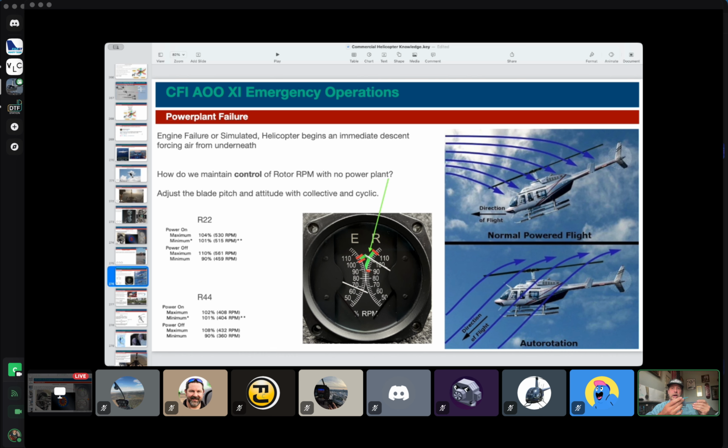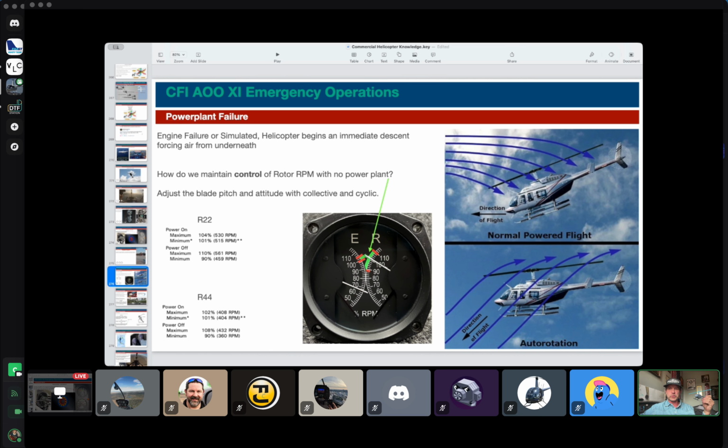Well, the air coming in from underneath the helicopter can be controlled. We can control the RPM by adjusting blade pitch and adjusting the attitude of the helicopter, or the yaw of the helicopter, primarily attitude, to help manage that rotor RPM just by the way we put the rotor blade into the relative wind.